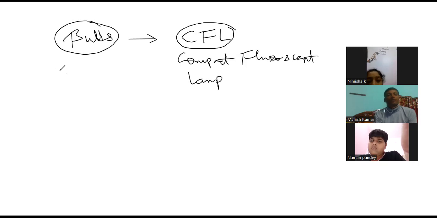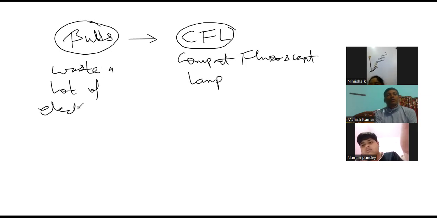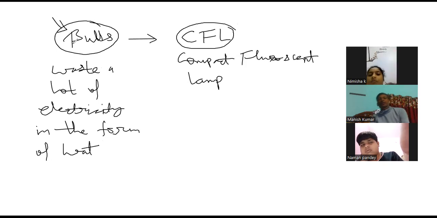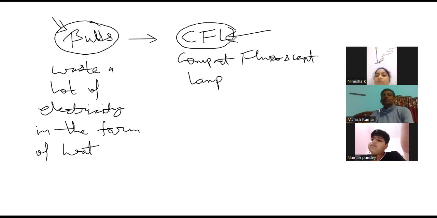Because bulbs waste a lot of electricity in the form of heat. When we touch the old kind of bulbs, we will see that they are too much heated up, but not the CFLs. CFL is not wasting electricity as heat. It is emitting light.